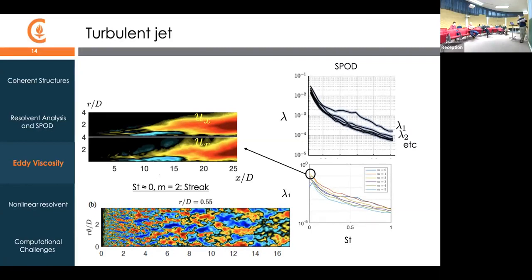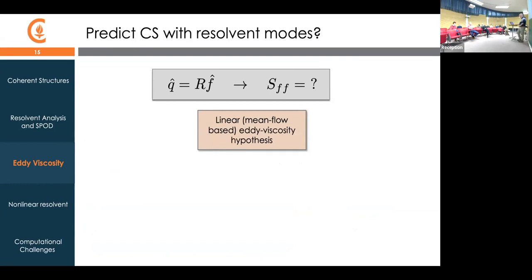You can just see it here in the naked velocity field of the jet, where I've now unwrapped the azimuth. You can see a cascade of streaky structures that start at small scale near the nozzle lip and get larger and larger as we go downstream. So these streaky structures, again, the resolvent will tell us exactly what they are.